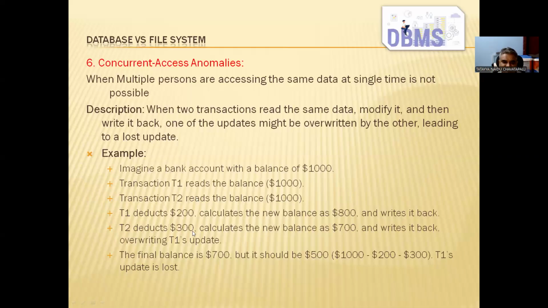Transaction 2 deducts 300, calculates the new balance as 700 and writes it back, overwriting T1's update. The final balance is 700, but it should be 500. The last update wins. This is called concurrent access anomalies.